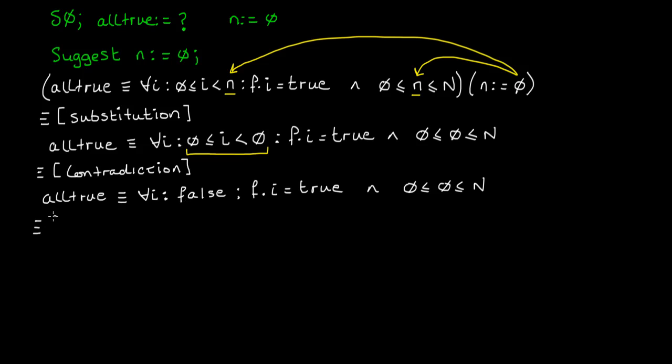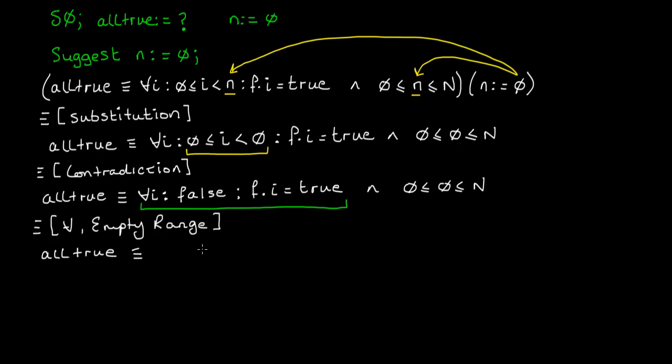So we can say for all, and we have an empty range, and we get all true is equivalent to, so this is an empty range, and for all over an empty range gives us true, so this whole part here becomes true.